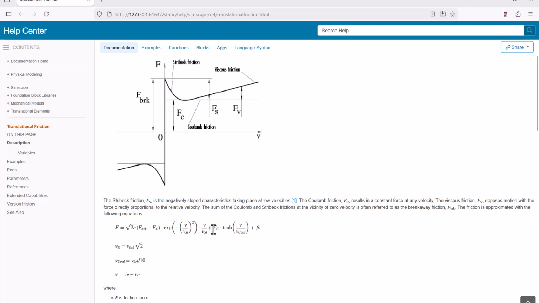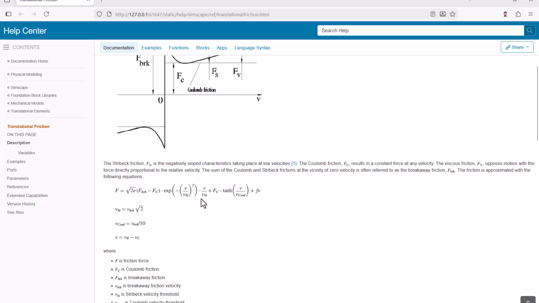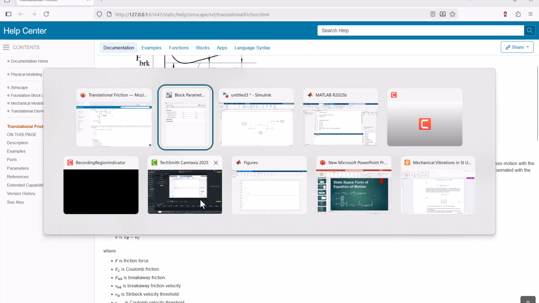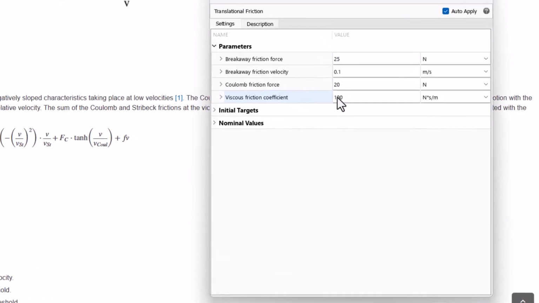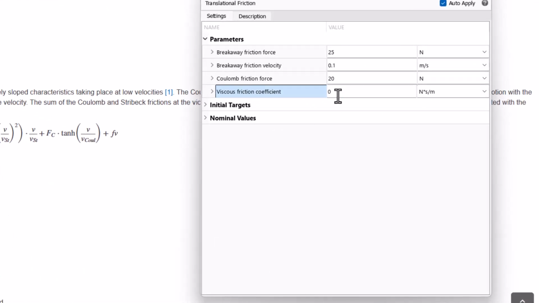So I need this one. And there is also a Stribeck friction, which I'm going to talk about later. But for now, you set the viscous coefficient equal to 0, since we are going to neglect the viscous friction.